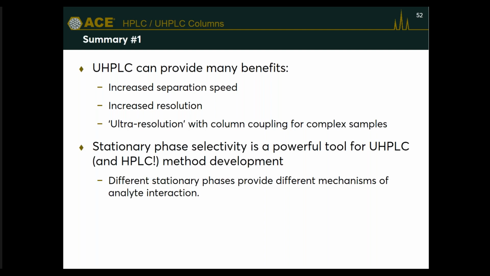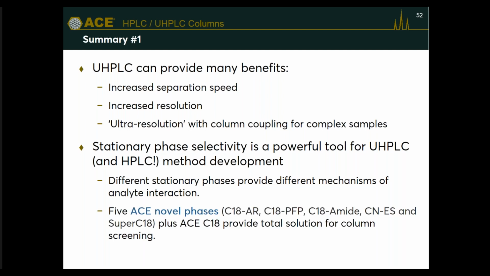Hopefully you've heard that stationary phase selectivity can really help you in method development. Those different mechanisms of interaction really can help you resolve the analytes in your samples, particularly when you're using phases that have been designed for that purpose, phases that bring together different mechanisms to help maximize selectivity.